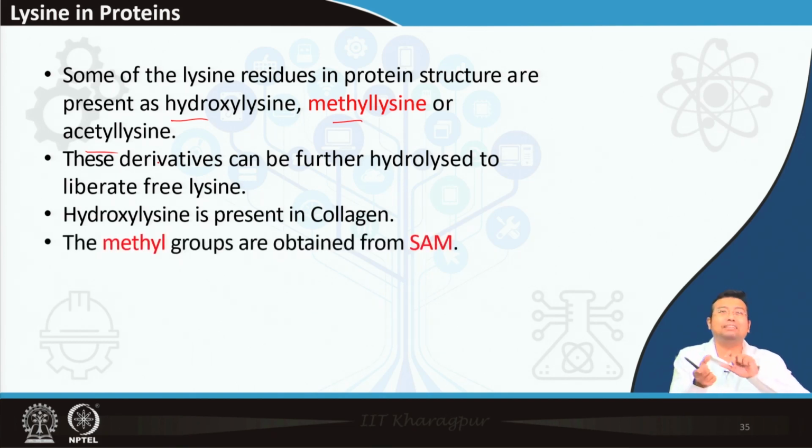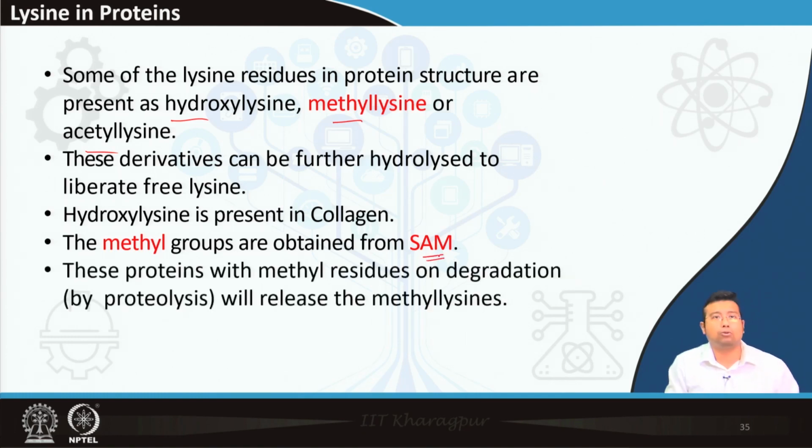Now, when we are discussing methyl lysine, the methylation is done by the common methyl donor, that is S-adenosyl methionine. We already know that, right. And when these proteins with methyl residues are degraded by proteolytic enzymes, they will release methyl lysines as well, okay.